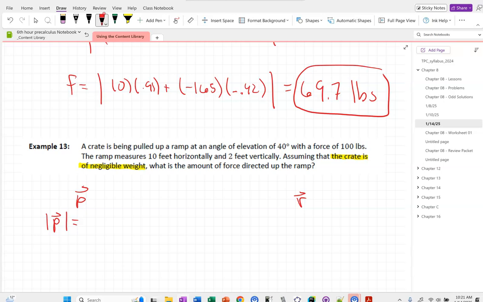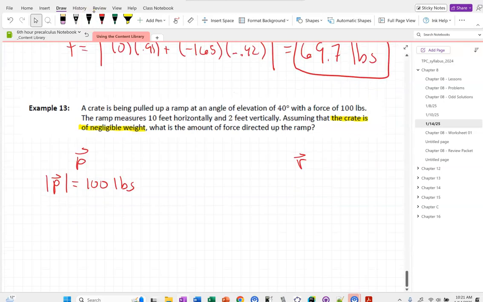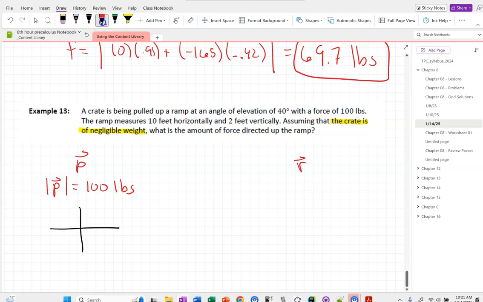So the magnitude of that pull vector is the 100 pounds. And the direction, if I think about what's happening here, we're pulling up. So our force vector looks like this, right? So our direction is just 40 degrees.